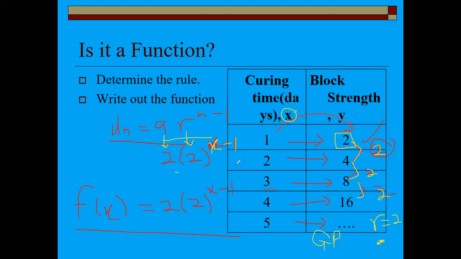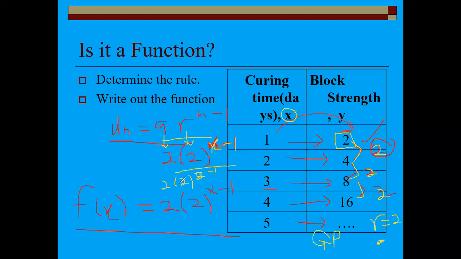You may want to try it and see whether it's true. When x is 1, we are going to get 2 times what? 2 raised to the power 1 minus 1 will be 0, and 2 raised to the power 0 is 1. So 2 times 1 is 2. If x is 2, we'll get 2 raised to the power 2 minus 1, which is the power of 1.